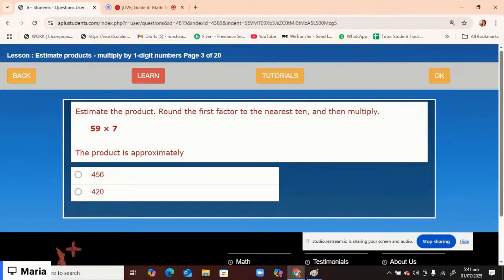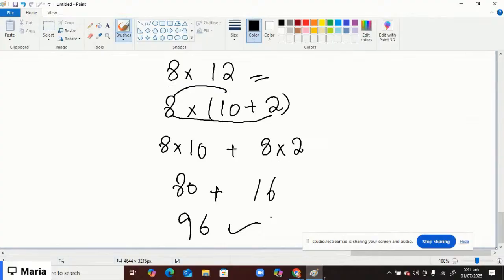Now 59 times 7. So 59 times 7 is, 59 can be rounded to 60. Good. And 60 times 7 is, because look here, 9 is greater than 5, okay?